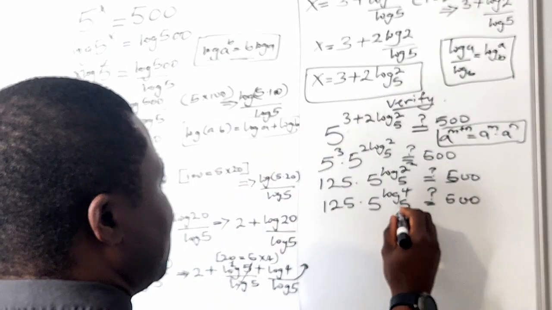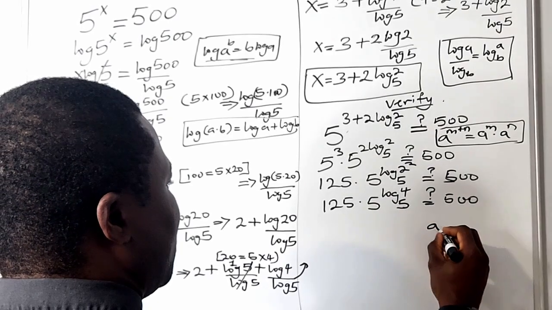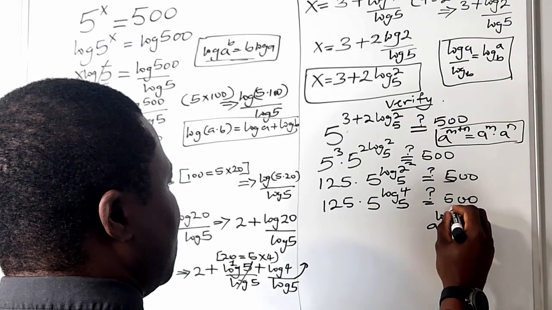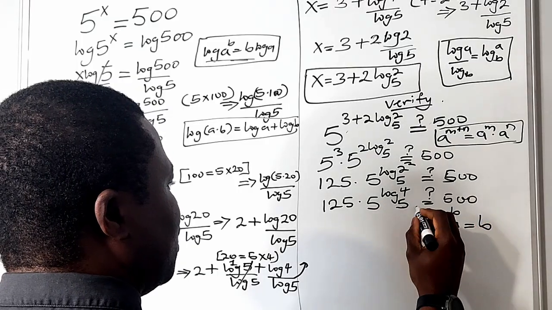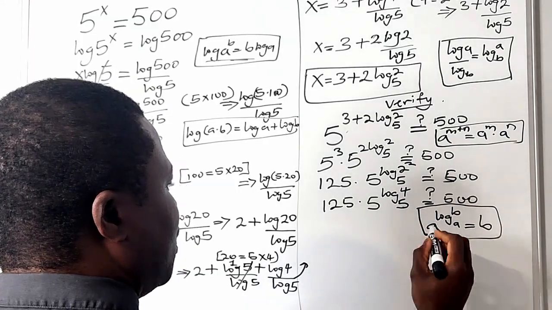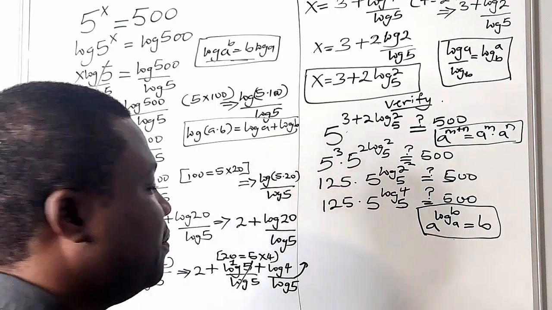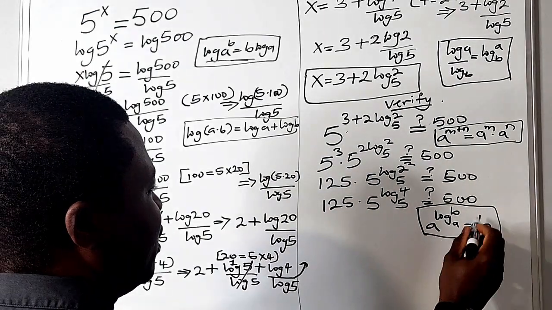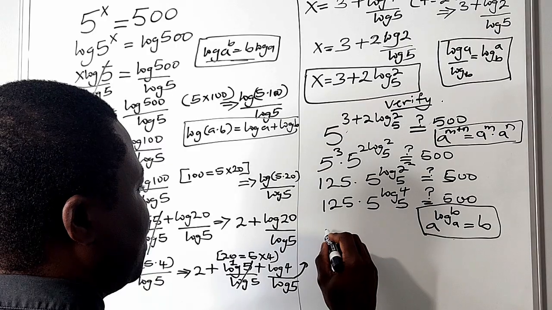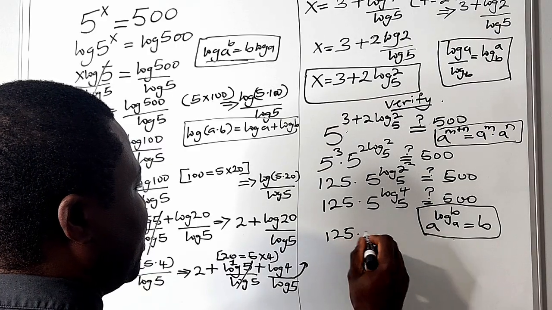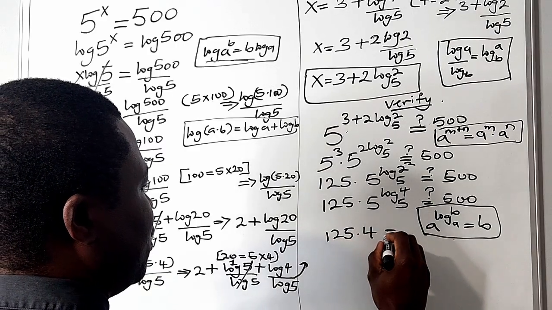Now we know that a to the log base a of b is equal to b. That's a rule in logarithms. So we rewrite this in this format. So this becomes 125 times 4.